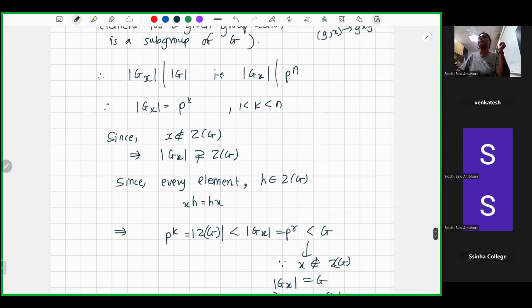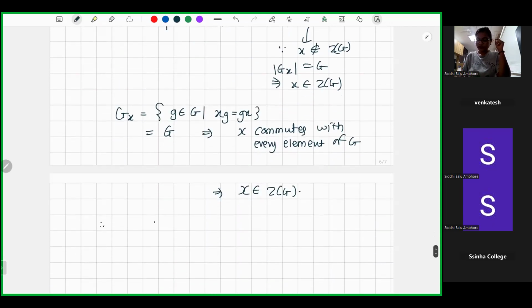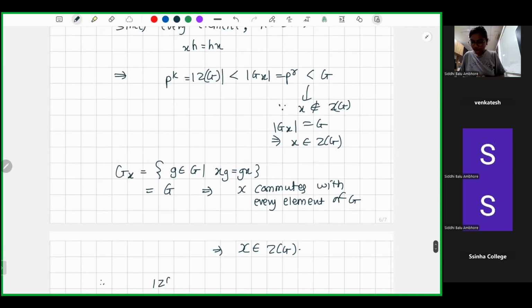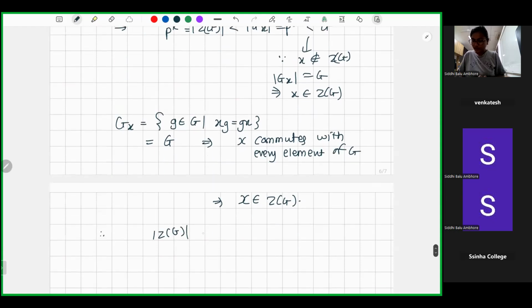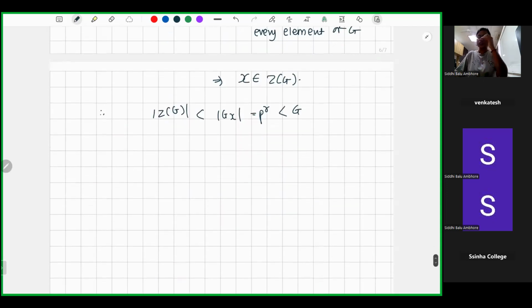But we started with x not belonging to Z(G). So therefore, the order of Z(G) is strictly less than p power r, the order of G_x, which is some p power r, strictly less than G.